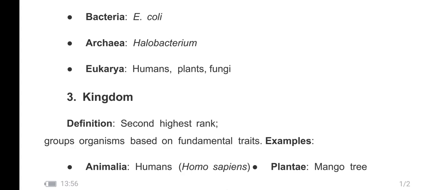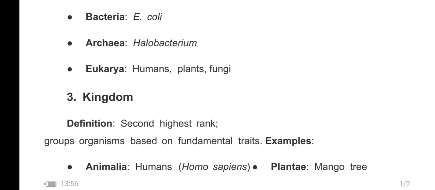Now under the group of Archaea are those organisms that are able to survive very harsh conditions. The example that we have is Halobacteria. We also have, under the thermophiles, the Thermoplasma. We have a lot of Archaea. Now we also have the Eukarya, which many of you are aware of.